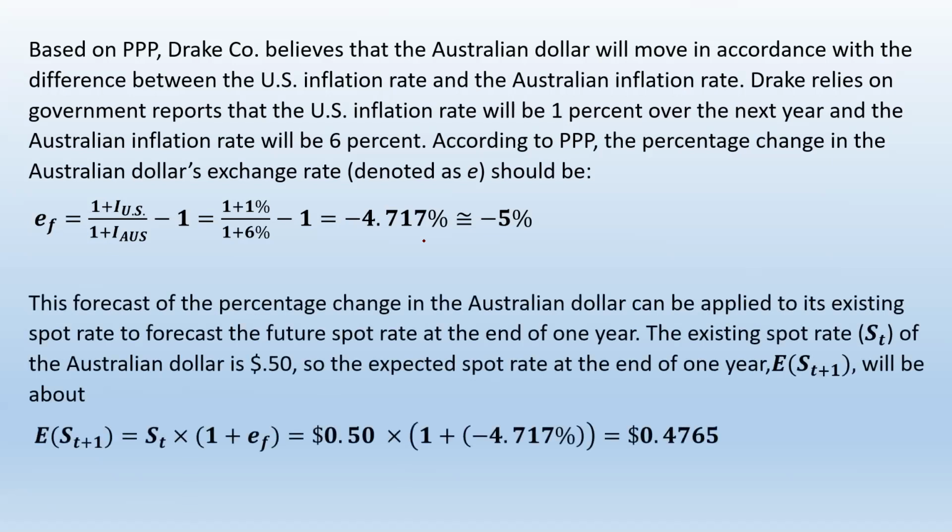So if the current spot rate for the Australian dollar is $0.5 per unit, then the forecasted value should be the current spot rate times 1 plus this EF, which is the percentage change of the spot rate. So it's negative 4.717%, and you will find the forecasted value for the Australian dollar after a year is 0.4765.